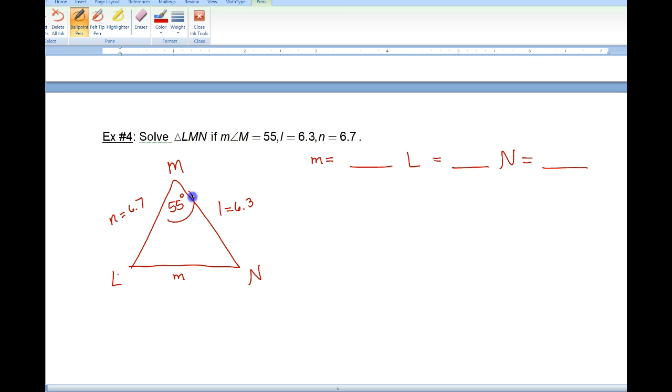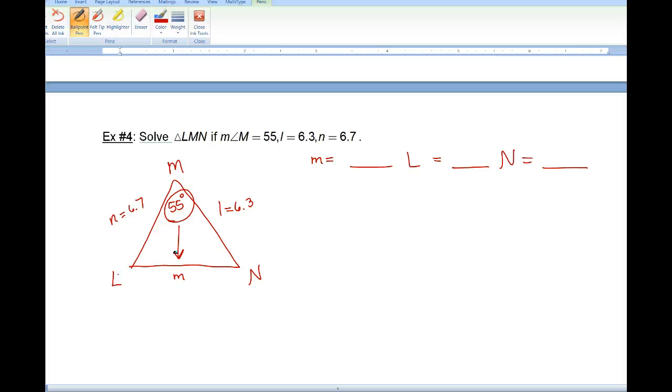So here's what I need to do. Here's the angle and the side opposite. When I think of law of cosines, this is the side that I'm going to solve for, and I'm going to end up taking the cosine of that 55 degrees. They're all the same equation.